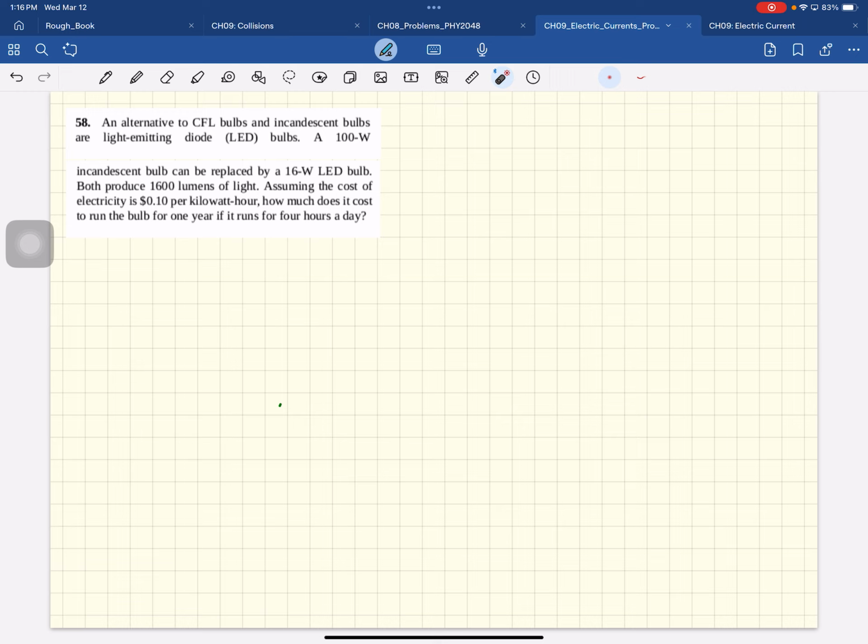Those incandescent bulbs, they're about 5% efficient. What does that mean? Other 95% goes to heat. Yeah. So of the electrical energy supplied, only 5% is converted to light. These guys are about 40% efficient. LEDs are about 95% efficient.